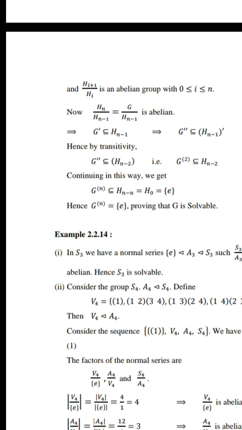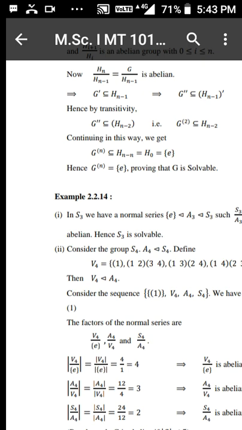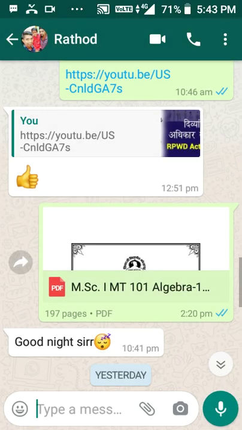Therefore G dash dash, that is G double dash, is a subset of Hn minus 1 dash. Hence, by transitivity, G raised to 2 is a subset of Hn minus 2. Continuing in this way, G raised to n is a subset of Hn minus n, which is equal to H0, which is equal to singleton E. Hence, G raised to n is equal to singleton E, and this proves that G is soluble, and so on.